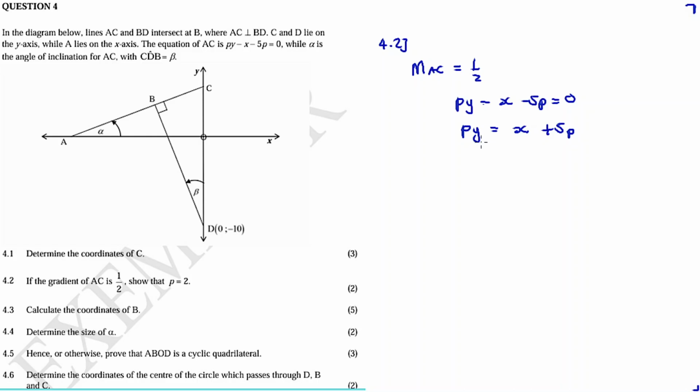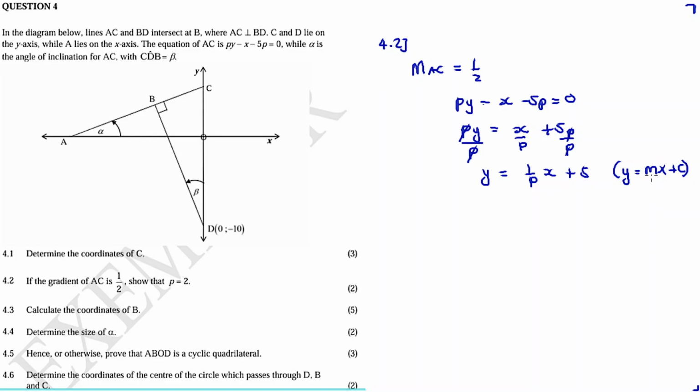Then we divide by p, so y is equal to 1 over p times x plus 5, since the p cancels the p. Why am I doing this? I wanted to write the equation as y equals mx plus c.